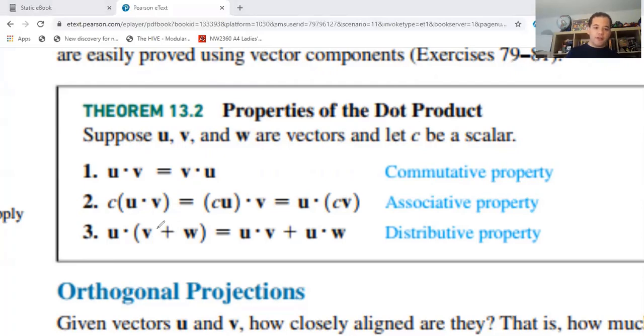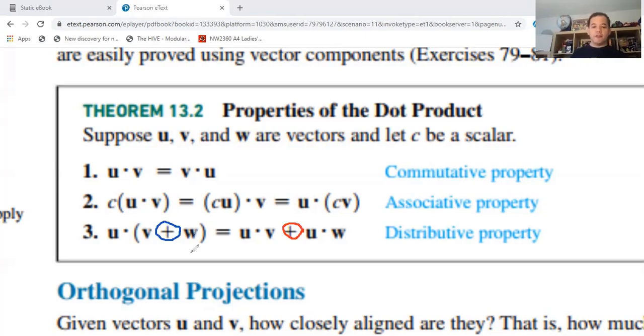This plus over here that I just circled, that's addition of vectors. That's when you add up two vectors together. Whereas this plus over here, the red one, that's just adding numbers. It's just adding one number and another number. So even though you see plus here and plus here, they're different operations, right? This is addition of vectors, the blue one, and this is addition of numbers, the red one, addition of scalars. And yet it works out, right?